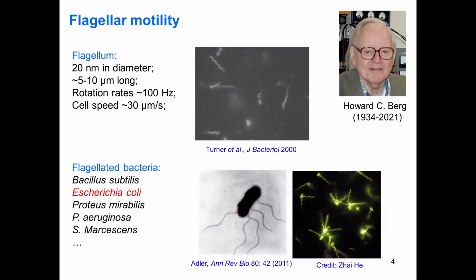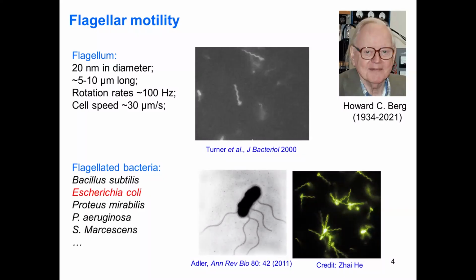And as an individual, they consume local free energy input. And as a collective, they can make use of this local free energy input to build spatial and temporal structures. Flagellated bacteria is a very typical example of active matter.